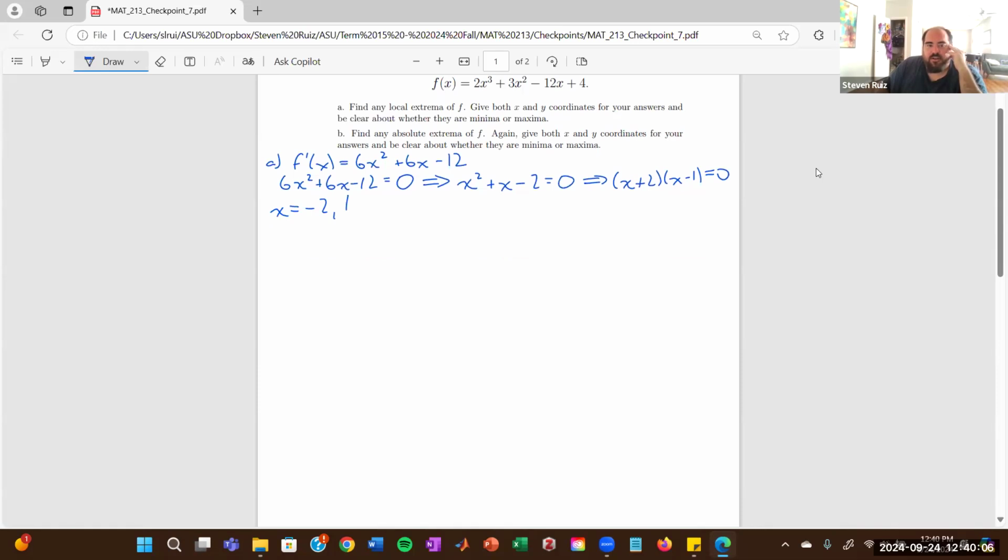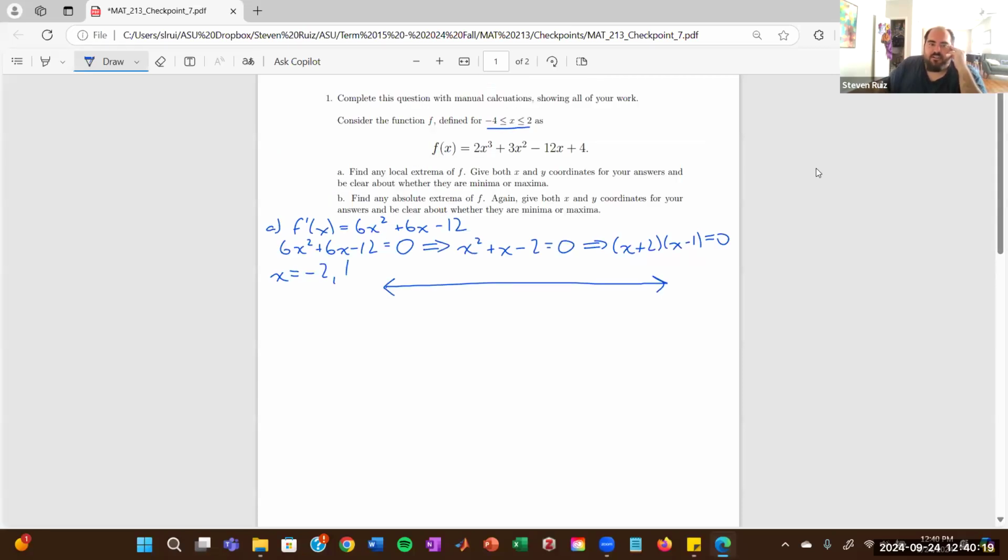So what I'm going to do here is I'm going to make a chart basically for all my possible values of x. So like I said before in the definition here, this function is defined from -4. So I'm not actually looking at an infinite number of values. I'm looking from x equals -4 to x equals 2.